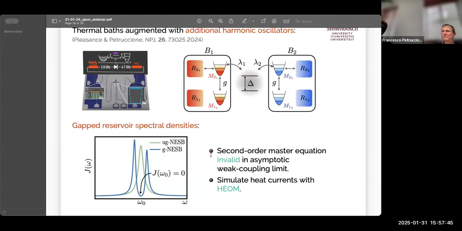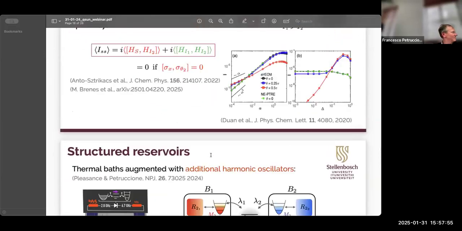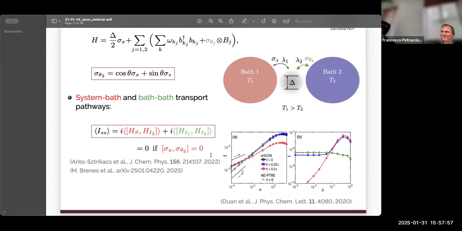The result, that was funny in the beginning, about the fact that you can get heat transport that's direct. It seems like it's directly from one bath to the other. Can you see from your results if you get something like that happening as well? We don't. It's purely a feature of this non-commutativity.